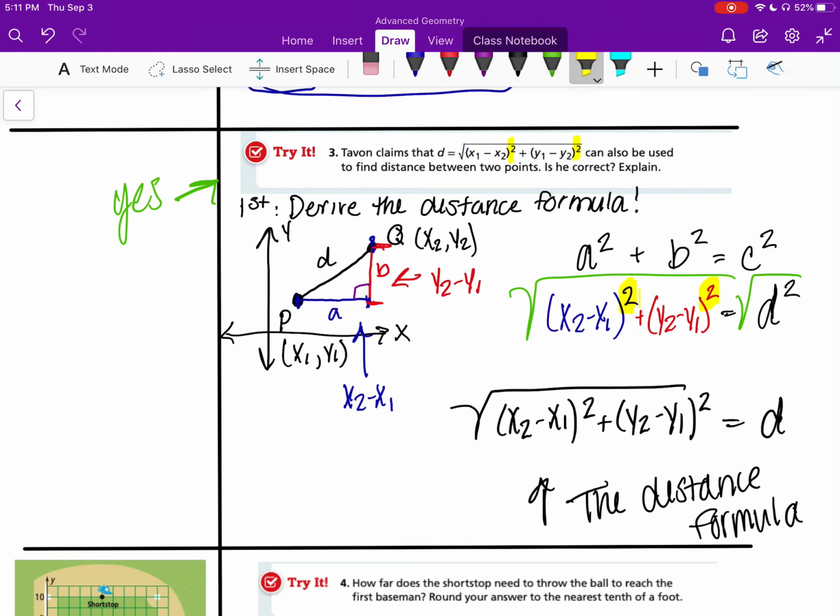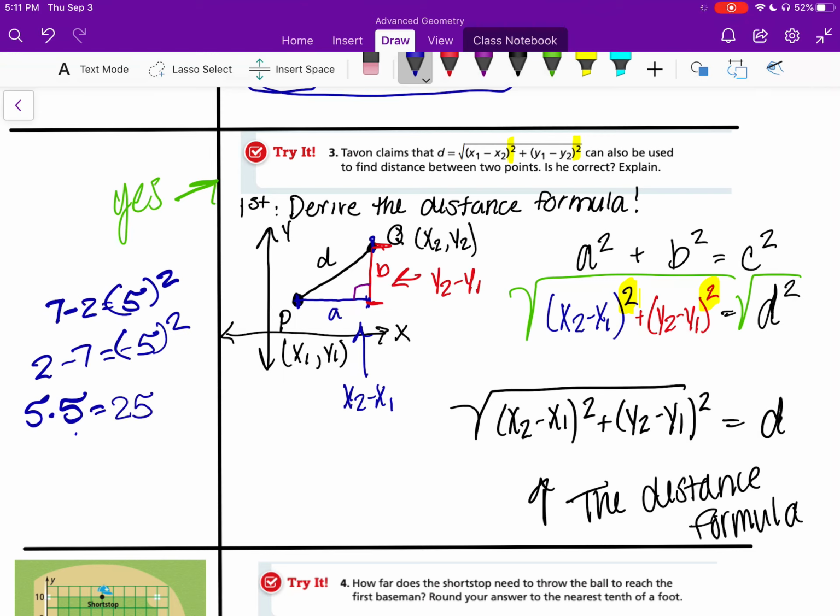whatever that distance is. So, I mean, that's the same as if we said 7 minus 2 equals 5 or 2 minus 7 equals negative 5. Since we're going to be squaring both of those, which just means to multiply it by itself, they'll both result in a positive number because 5 times 5 equals positive 25 and negative 5 times negative 5 also equals a positive 25.